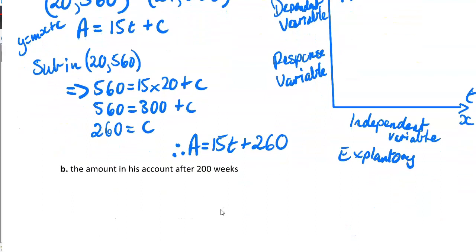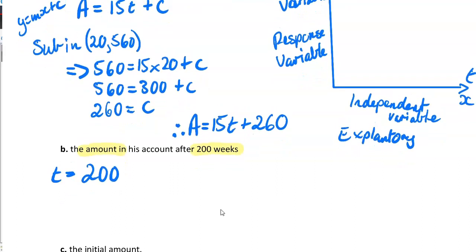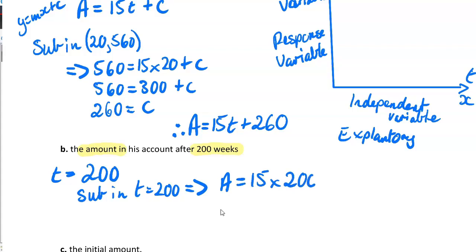So find the amount in his account after 200 weeks. We're being told that t equals 200, so I better sub t equals 200 into the equation, times by 200, plus 260.